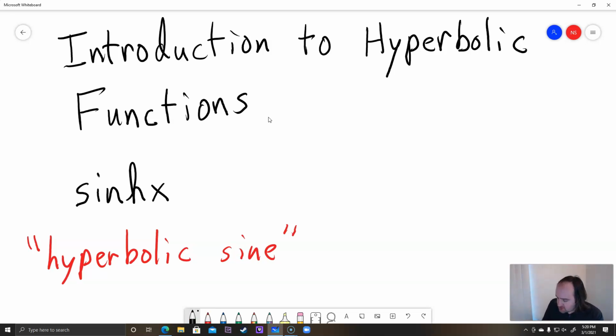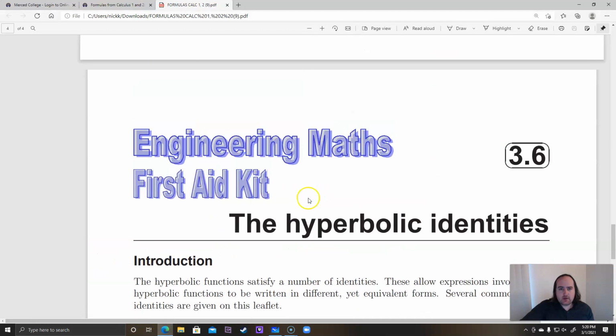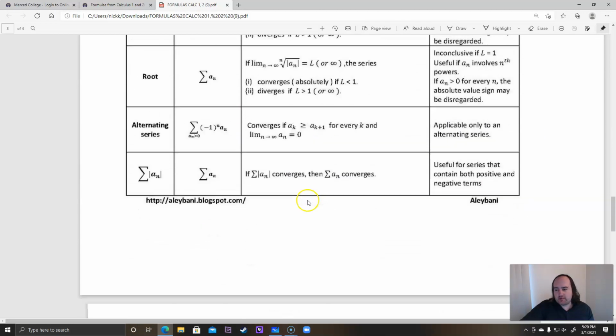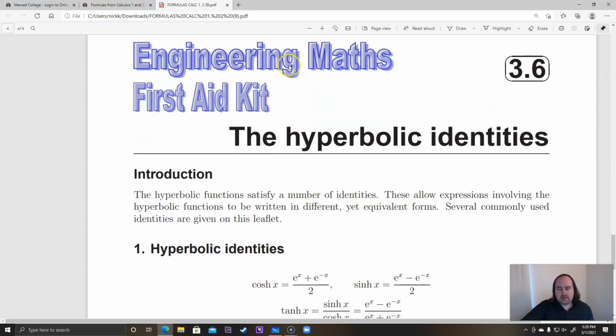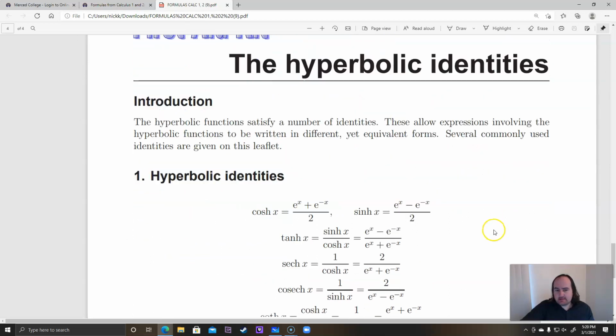The definition of hyperbolic sine, even though it's called hyperbolic sine, is actually in terms of e to the x and e to the negative x. So sinh of x, this is all on our formula sheet, the formulas from Calculus 1 and Calculus 2. It's on the last page of our formula sheet under where it says Engineering Maths First Aid Kit, the hyperbolic identities.